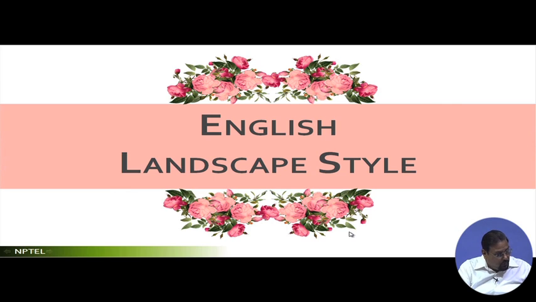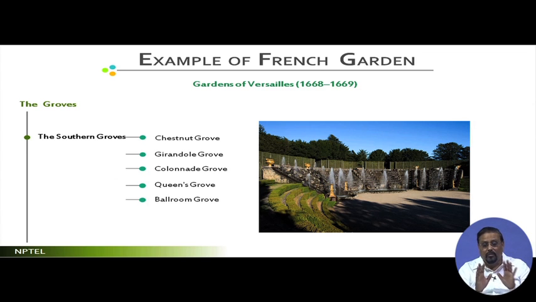Okay. Now before I go into the English landscape styles, let me conclude the French landscapes. Essentially what we have learned from the French landscape, first of all, one thing is very, very clear: the French landscape was almost a carryover of the Italian landscape. So there was a strong influence of the Italian landscape on the French landscape.